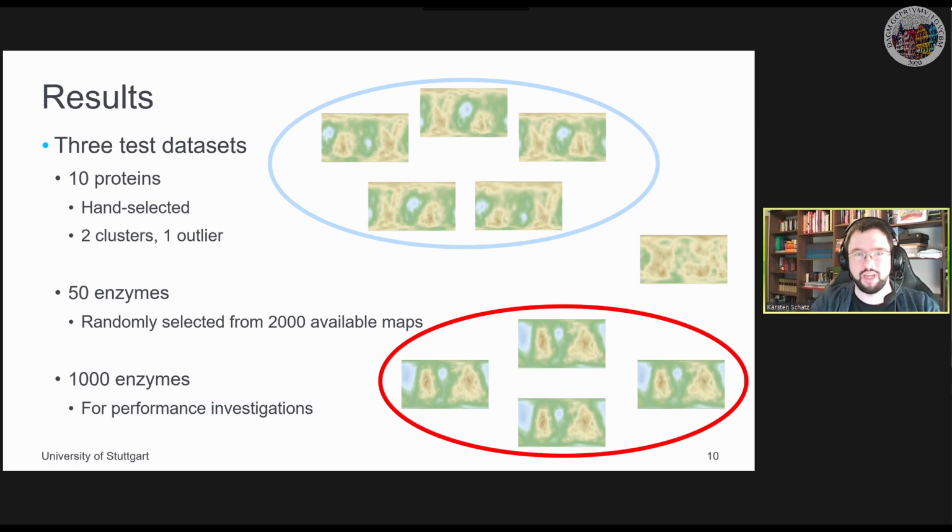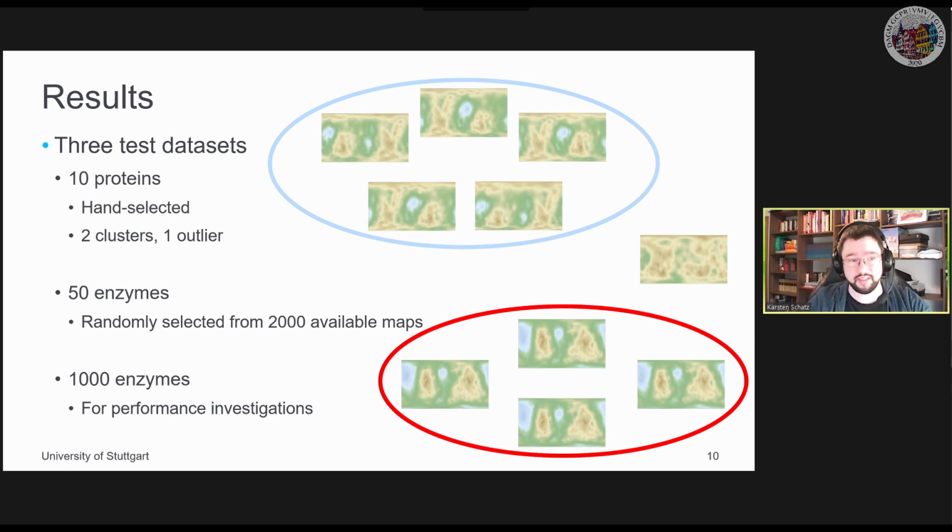Especially in the top cluster, you can see some mirroring and some flipping going around here. So we intentionally decided them to be similar so that we can make a guess if our method really works as intended.